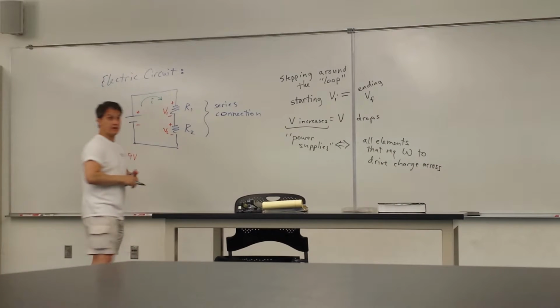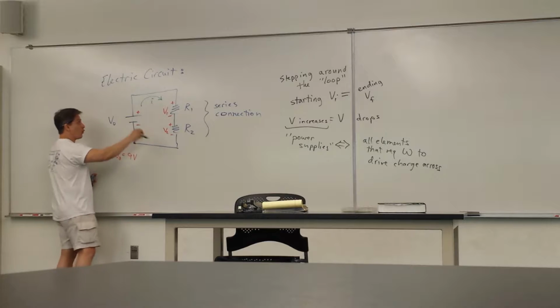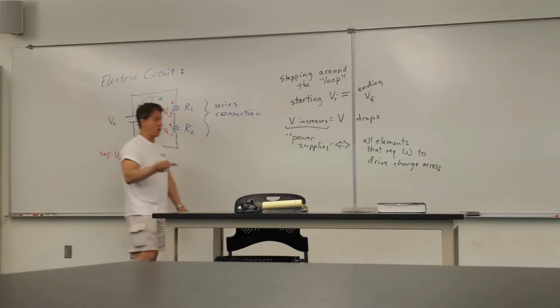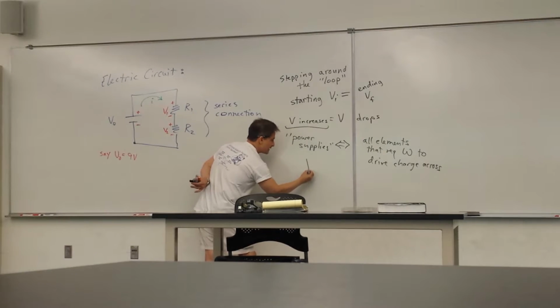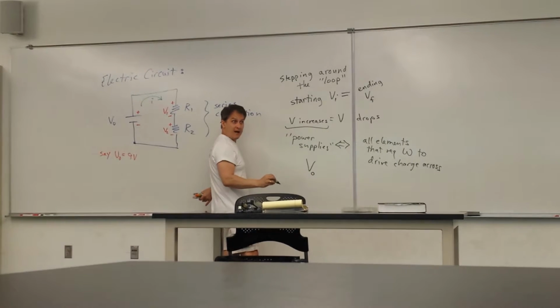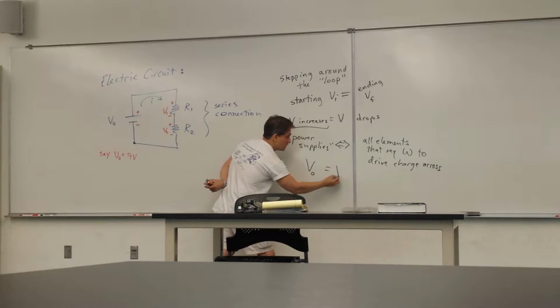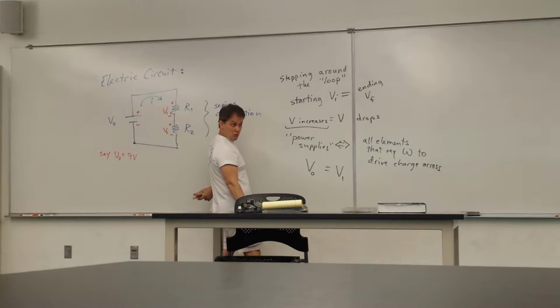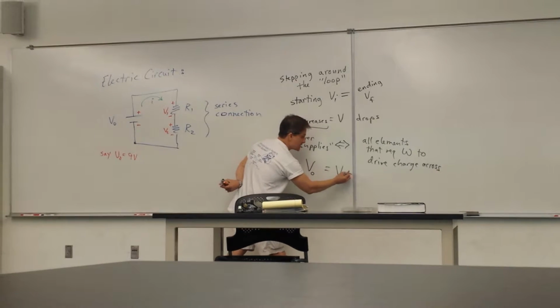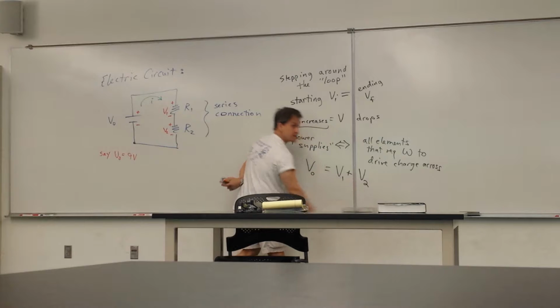So in this particular case, we started here and we walked around this little loop clockwise. What we would say then is that the voltage associated with the power supply should be equal to the magnitude of the voltage drop across the first resistor, plus, in this case, the voltage drop across the second resistor.